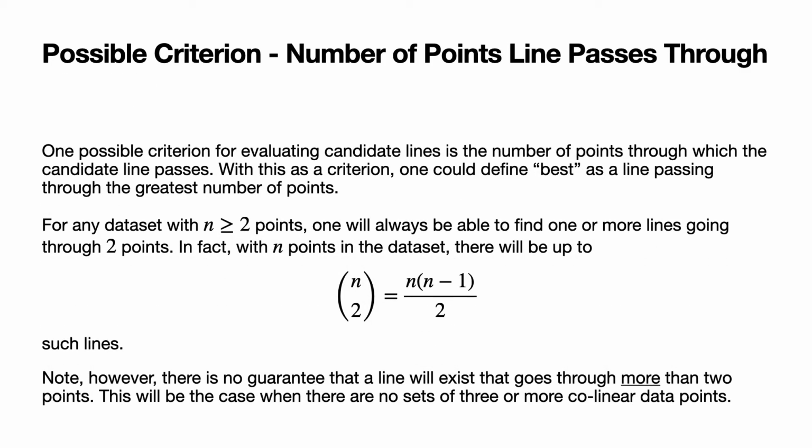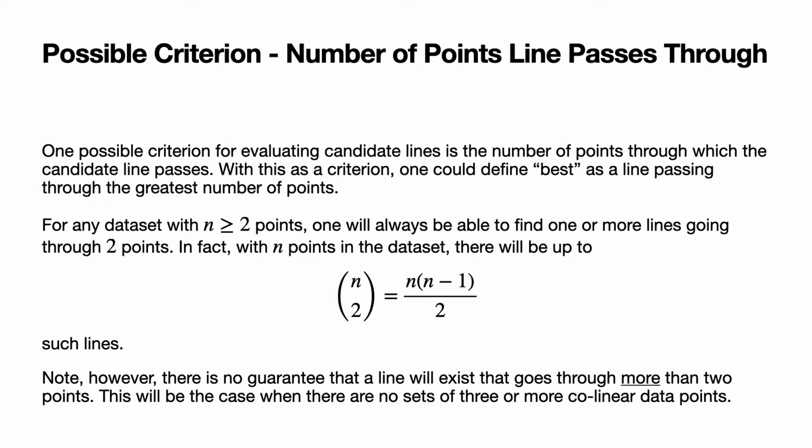Now, one possible criterion for evaluating candidate lines is the number of points through which the candidate line passes. With this as the criterion, one could define best as the line passing through the greatest number of points. Now, for any data set with 2 or more points, one will always be able to find 1 or more lines going through 2 points.